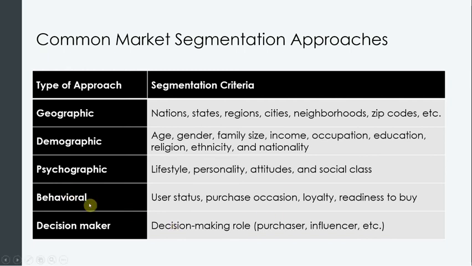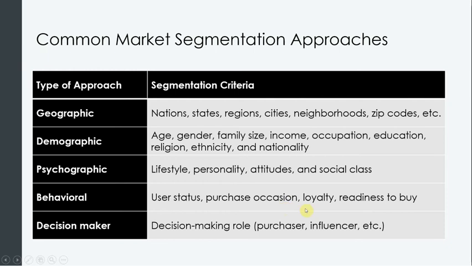We also have another approach, behavioral approaches. Here the user status can be a criterion, and purchase occasions, as some products are based on occasions, for example, Qurban Bayram, the end of the year, the beginning of the year, some national days.